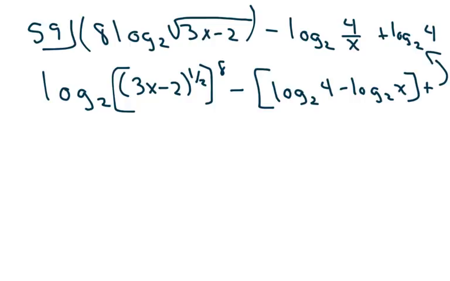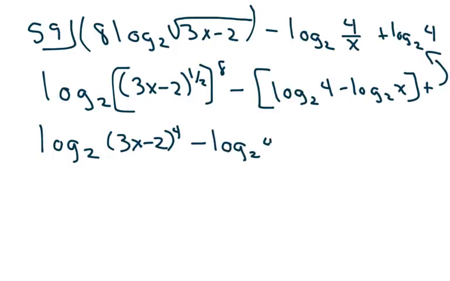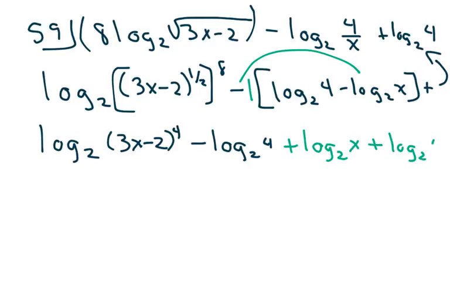So the next thing we get is log base 2 of 3x minus 2 to the 4th minus log base 2 of 4. Now don't forget, here we have to distribute. So that's going to be plus log base 2 of x plus log base 2 of 4. Okay? Then we have to put all this together.